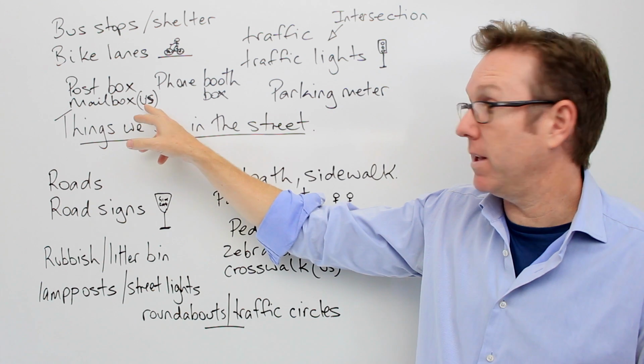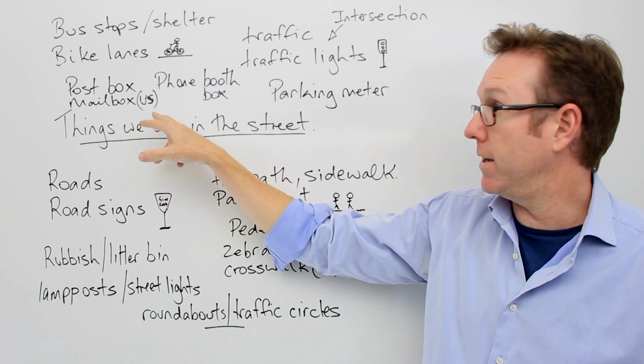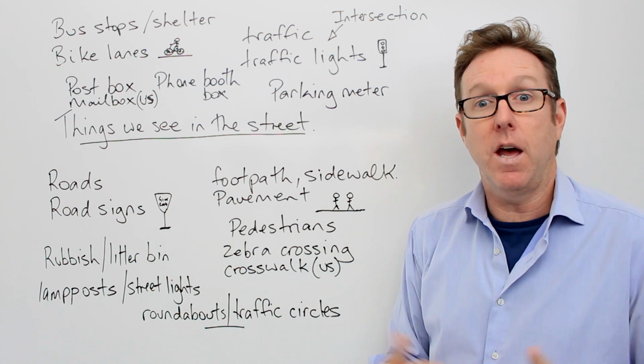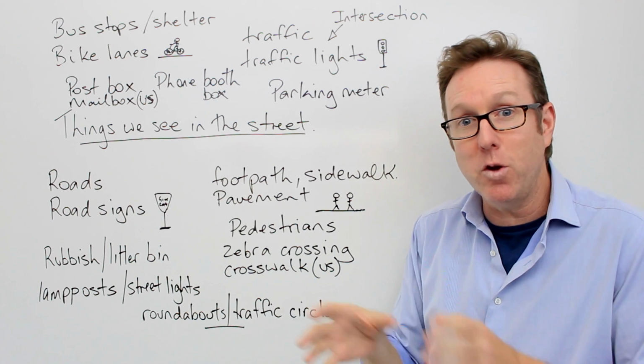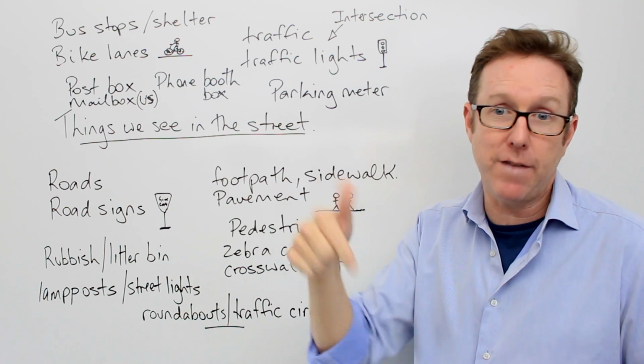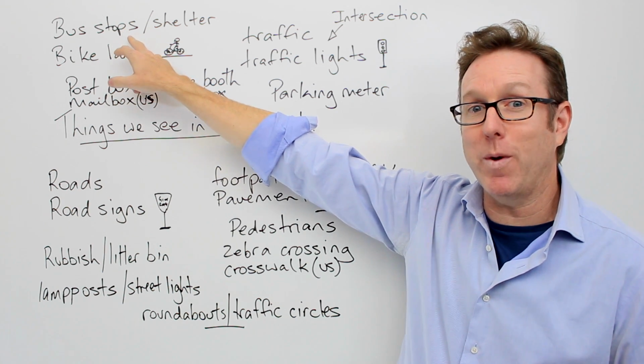And if, for example, it is common only to the US, I'll put here a little thing which says US, okay? Also, if you come across something that you're not familiar with and it's only used in a specific country, just leave a comment below.